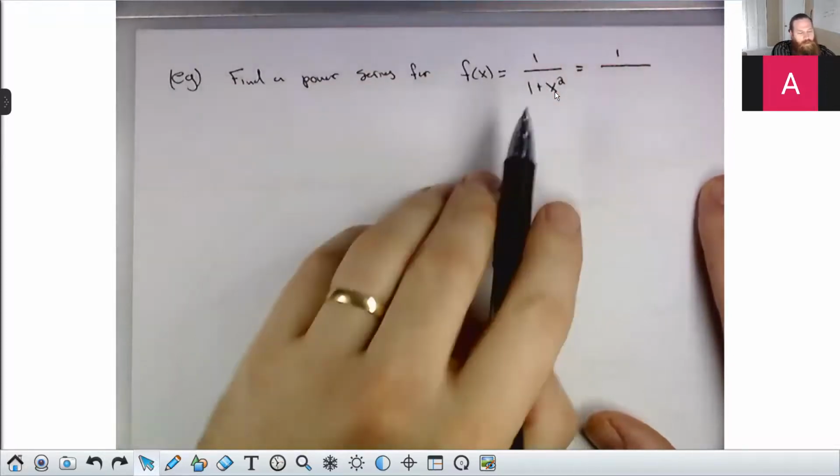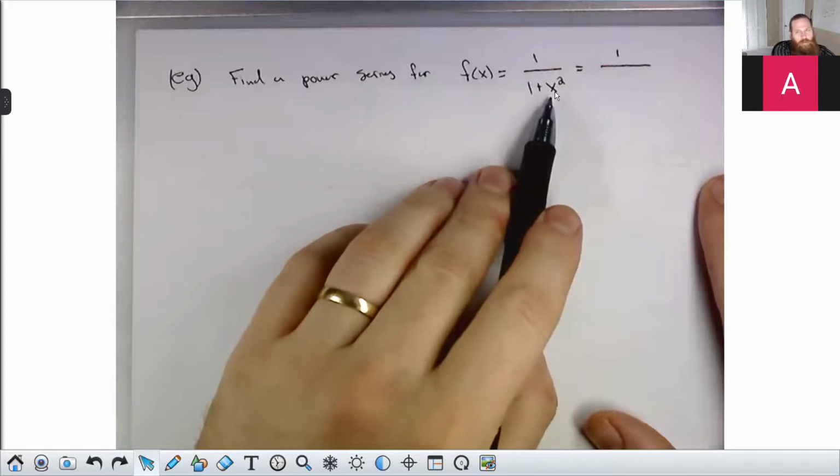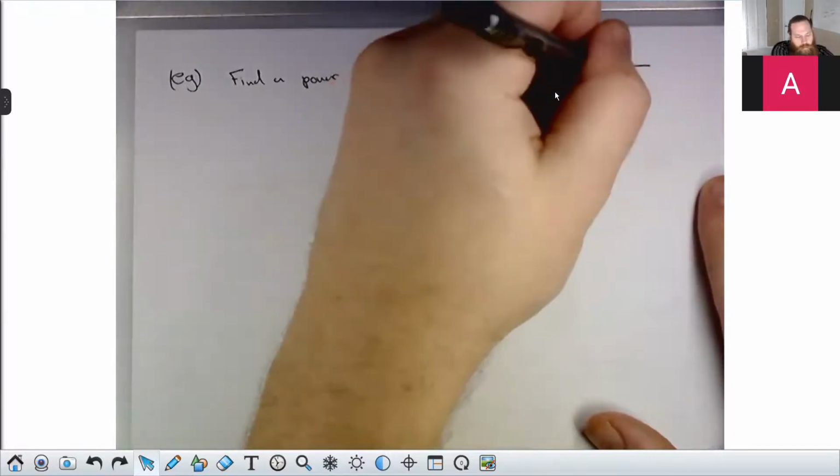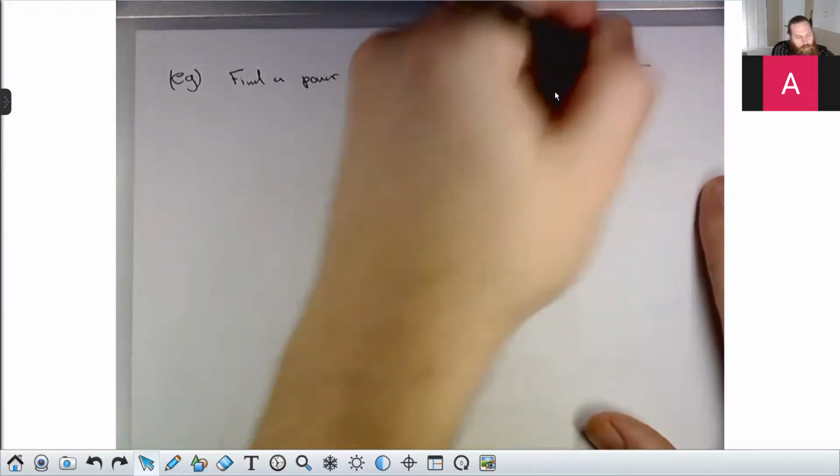It's not quite that though. If I just use x squared as r, that would give me 1 minus x squared down here, right? 1 over 1 minus x squared. That's not what I have. But something very close to that will work.